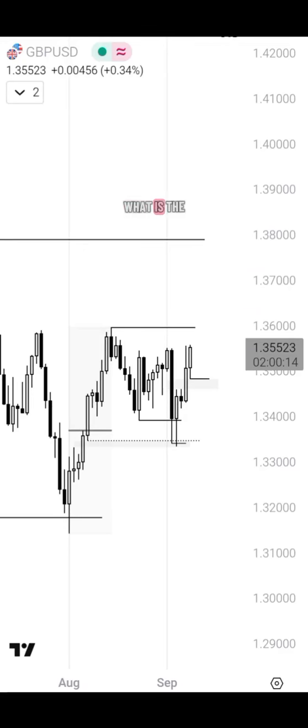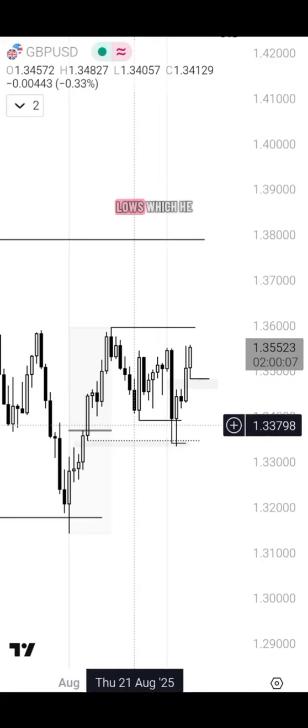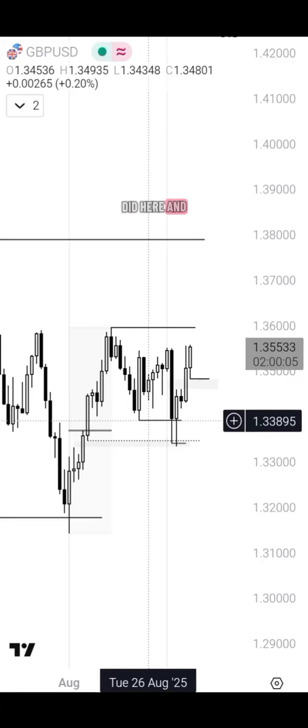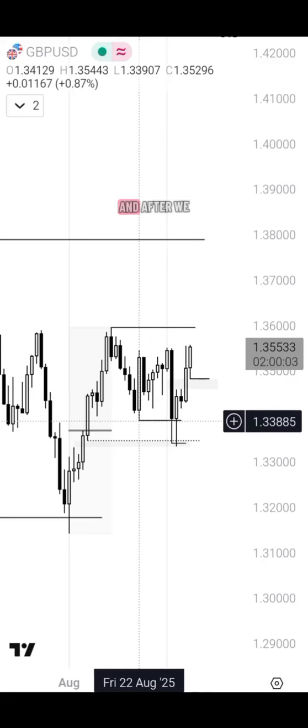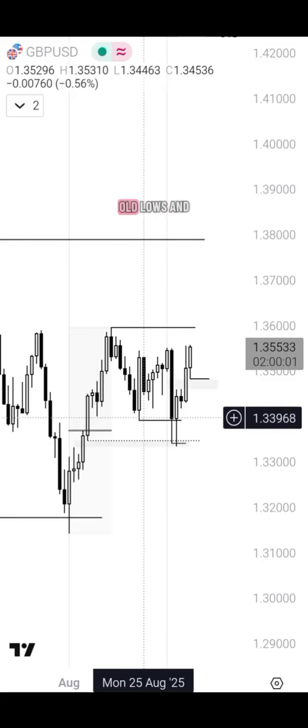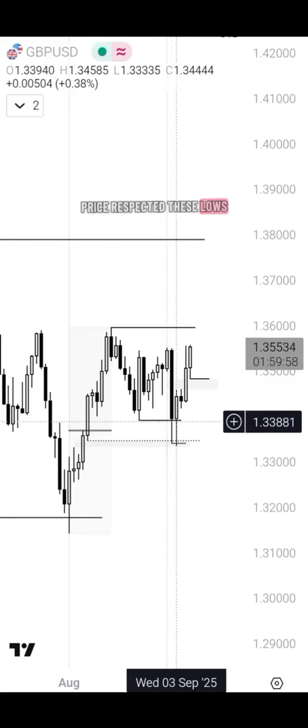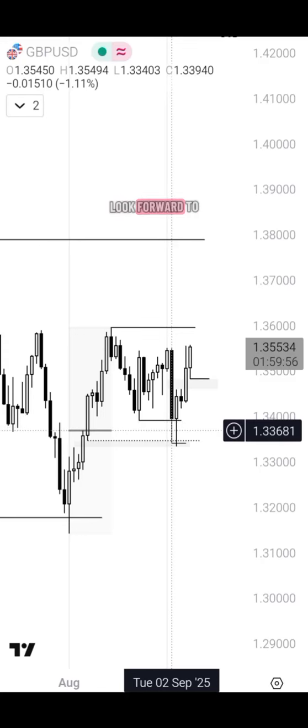So what is the next thing to look out for on the daily? What I want to see price do is dump below old lows, which it did here, and after we dumped below those old lows and price respected those lows, right there I can look for a buying opportunity.